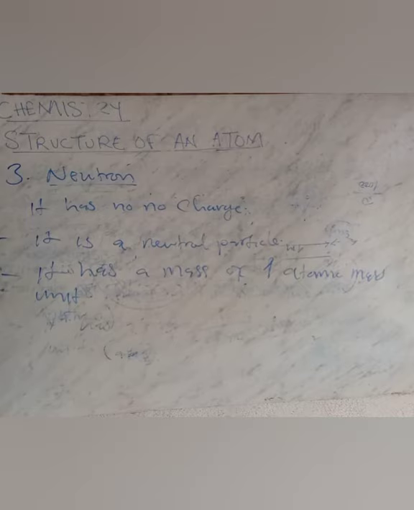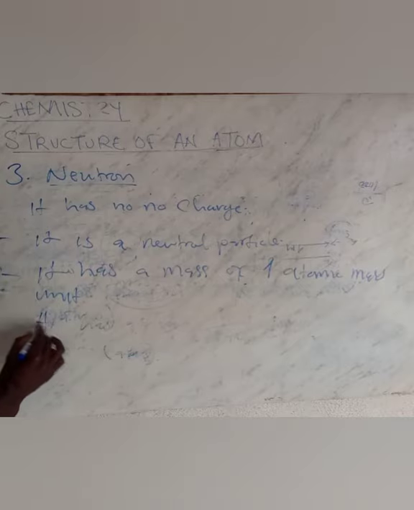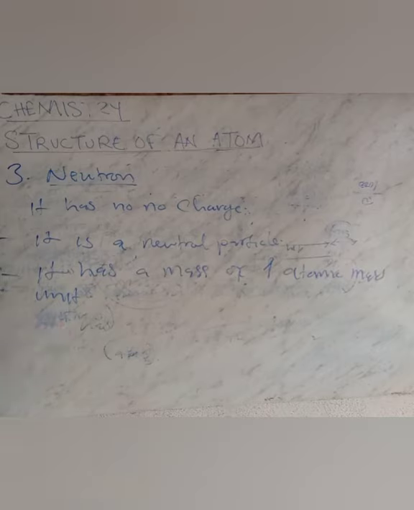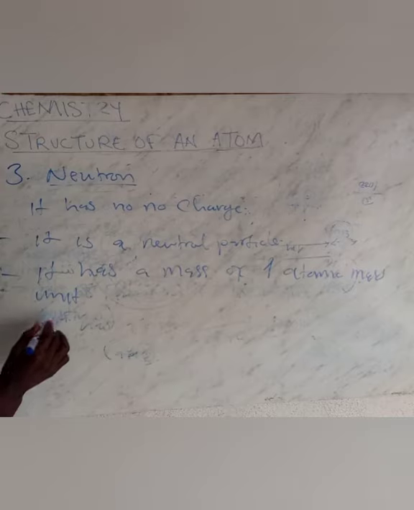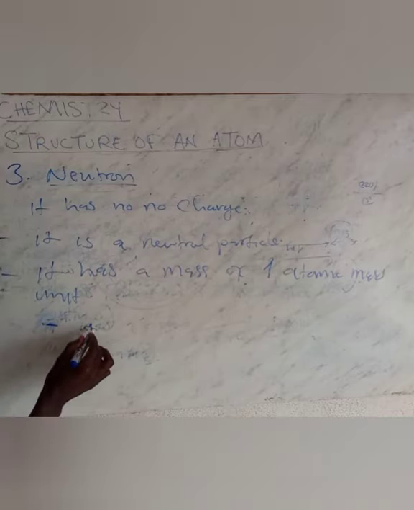Now, before we conclude on this lesson, it is important for us to take note that an atom has no charge. It's a neutral charge. This is because the number of protons equals the number of electrons. Like we had seen, an electron is negatively charged, while a proton is positively charged.